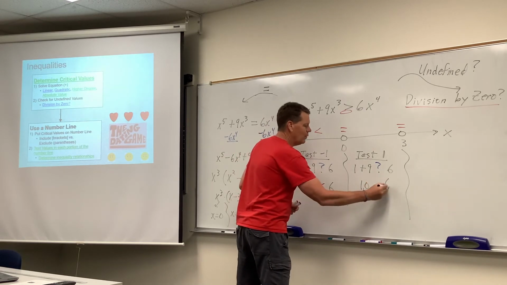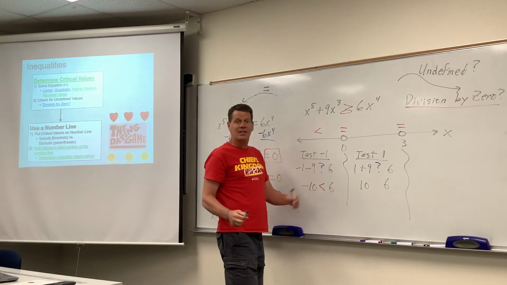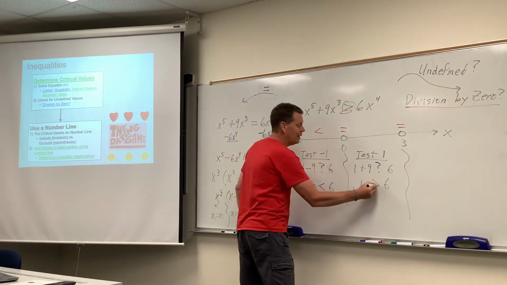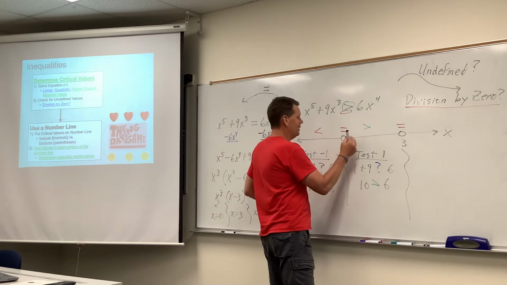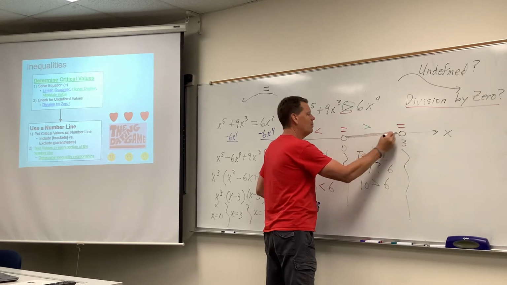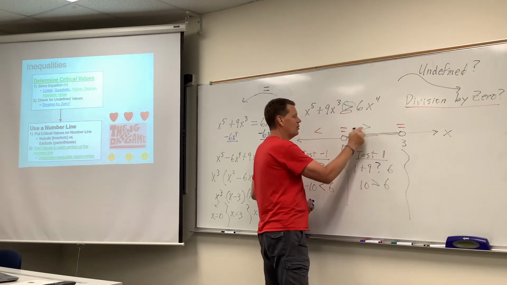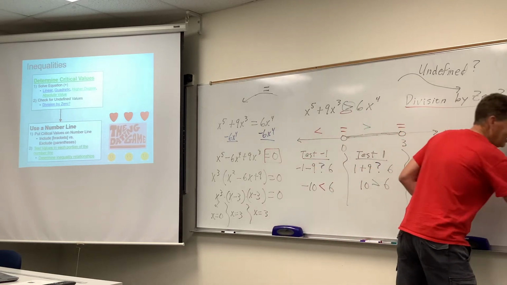But we have a 10 here, we have a 6 here. 10's greater than 6. And why am I excited? Because I noticed the greater than is the symbol in the question. Yay! And so, look at that. These numbers here, between 0 and 3, I'm coloring it in, all right? Greater, yay, greater! All right, if it matches the question, it worked.